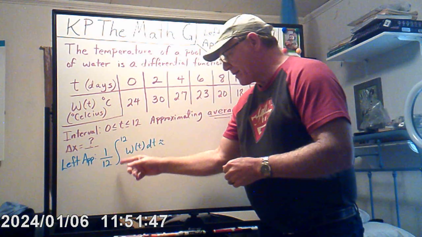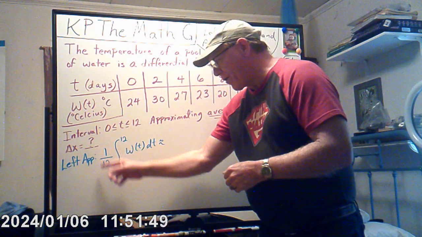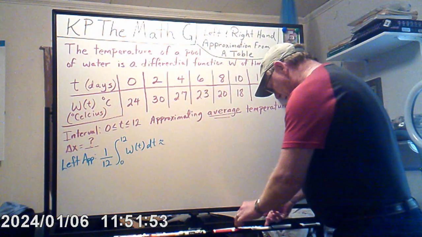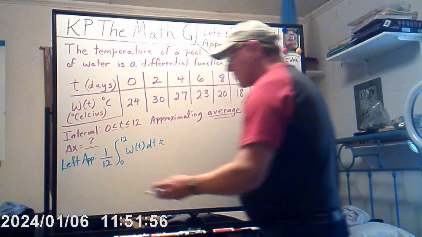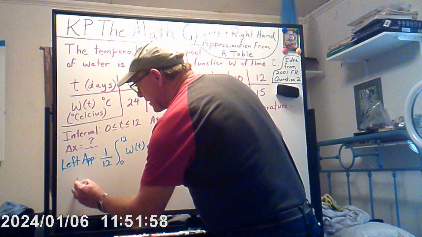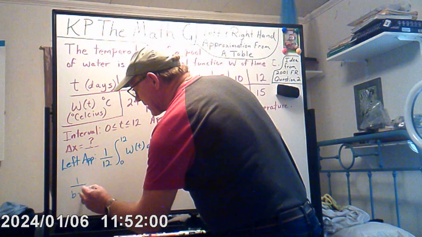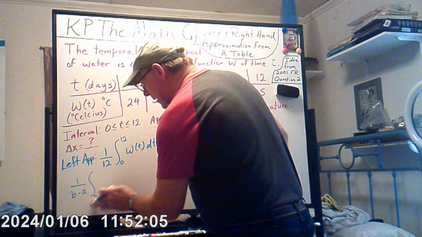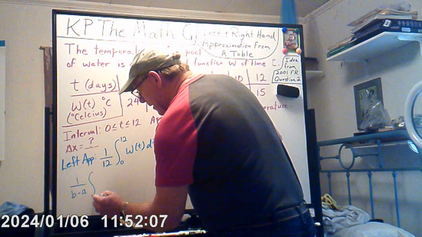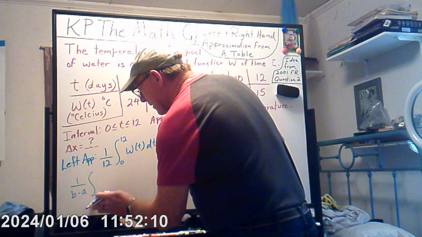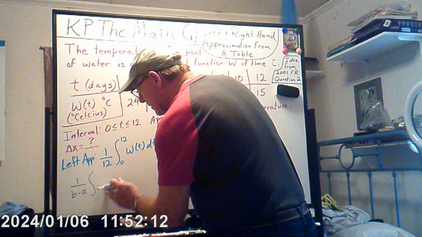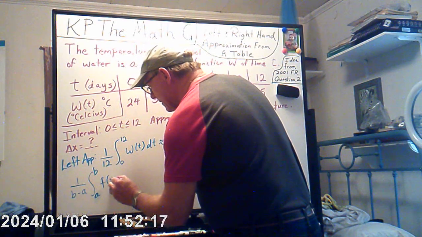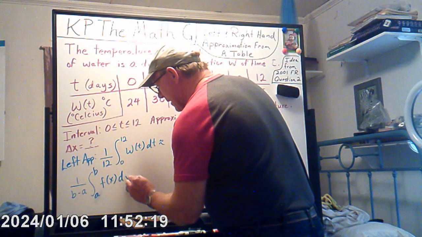You are to write it like this. The actual definition of average is 1 over b minus a, from a to b, of f of x dx.